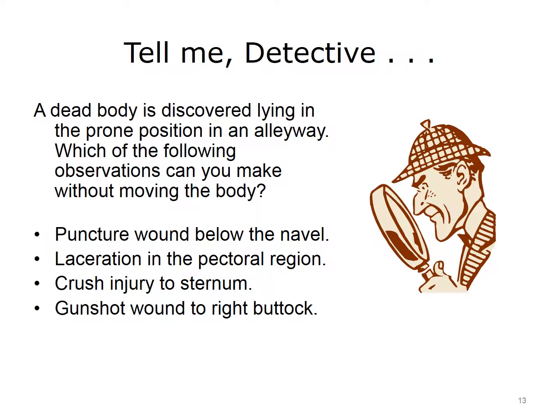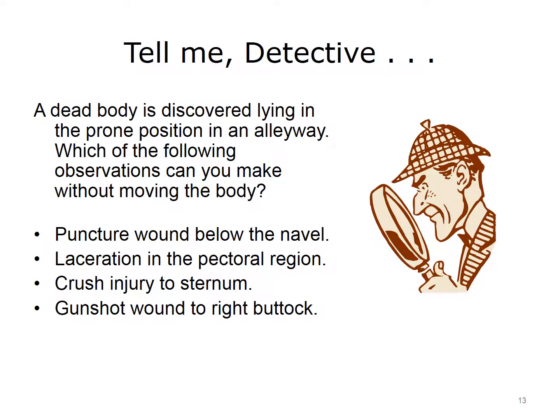So, let's see how these terms might be used. Imagine that a dead body is discovered lying in the prone position in an alleyway. Which of the following observations can you make without moving the body?